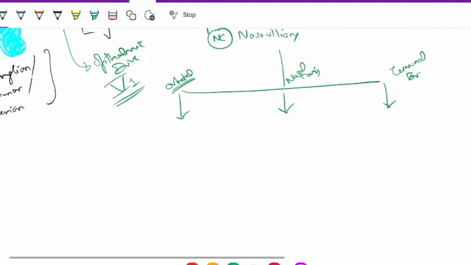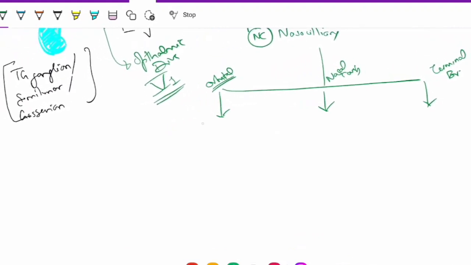So first is the orbital branches. Orbital branches will start off from the long root of the ciliary ganglion. If you remember the ciliary ganglion from the third cranial nerve in our last lecture, it was responsible for two very important reflexes: the accommodation reflex and the light reflex. So we should remember that.